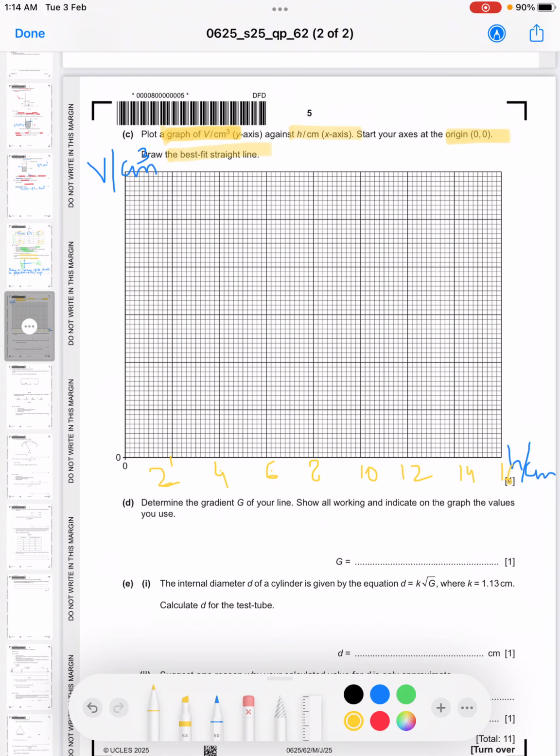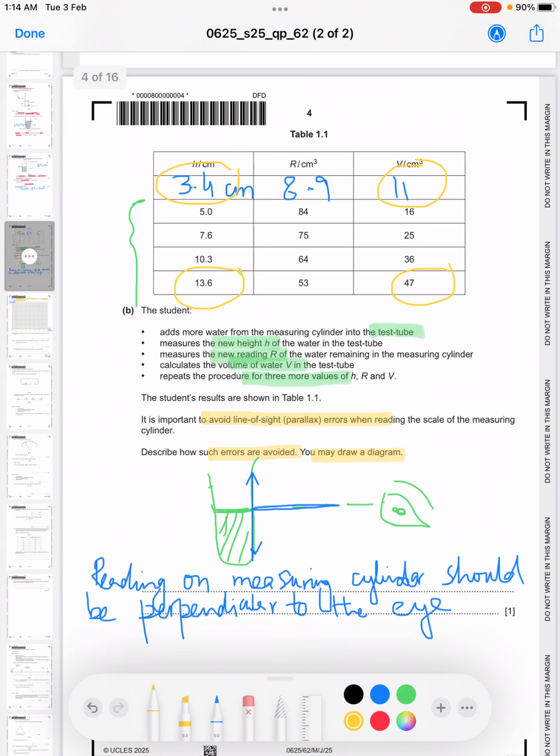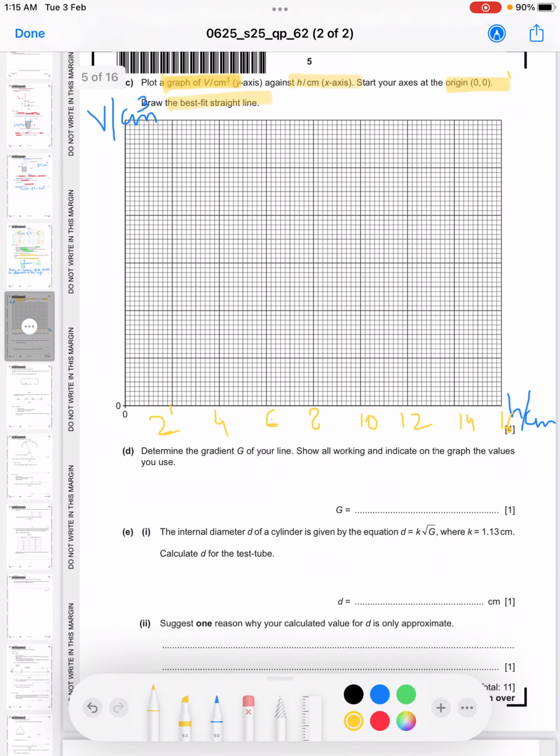Even if our values start from 11, we can't start from 11, because in the question they mentioned that the origin is 0, 0. So we will take the y-axis scale as 10, 20, 30, 40, 50 and 60.